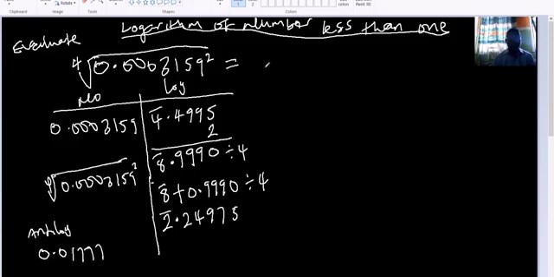So when you square it, what you have here is 0.01777. So that is what you have. So you can see now that they are the same thing. So that's how to treat it. Let's consider another question. So look at this one.